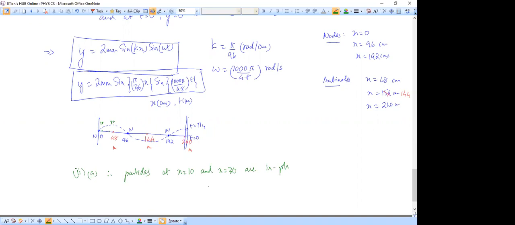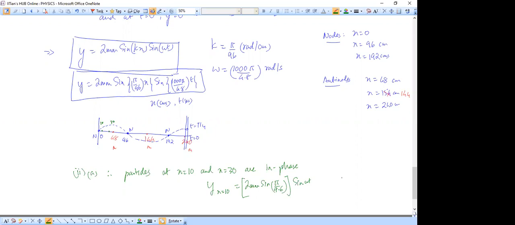In fact, you can see from here, the equation for the x equal to 10 particle is 2 millimeters sine pi upon 9.6. This is its amplitude into sine omega t.